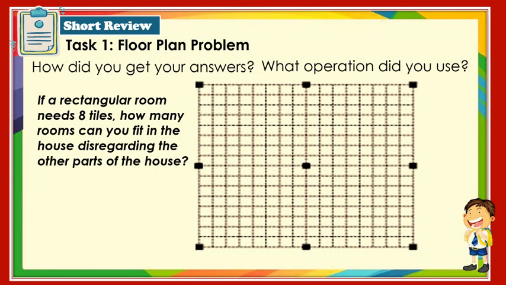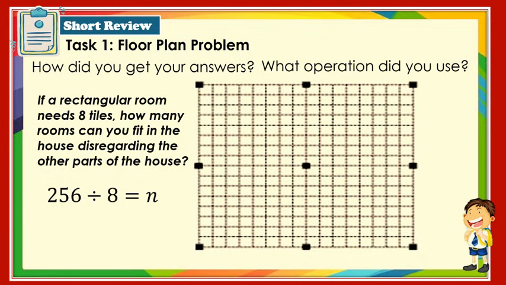What operation did you use? We're going to divide. So the operation will be division and the equation is 256 divided by 8 equals n. How many rooms can you fit in the house if you have 256 tiles and each room needs 8 tiles?